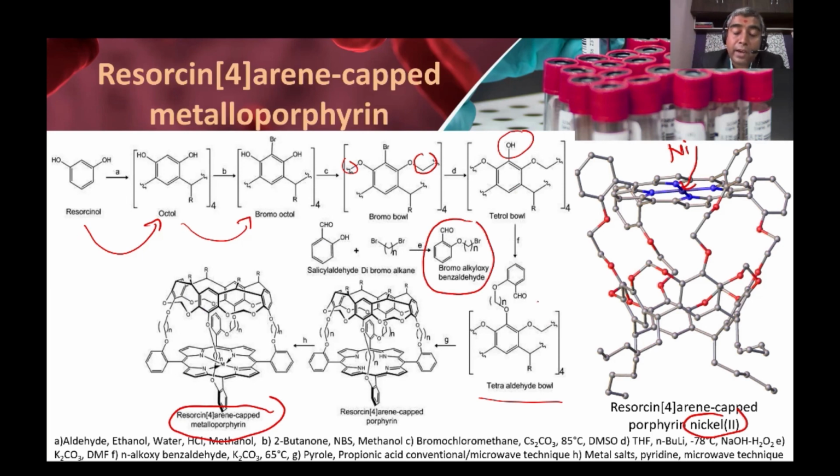This tetraaldehyde ball, in the presence of pyrrole and propionic acid, gives this resorcin[4]arene cap porphyrin, and via metallation under microwave conditions we get the resorcin[4]arene cap porphyrin nickel(II). This compound looks like the structure of cytochrome P450, and is used as a catalyst for the oxidation of linear paraffins.